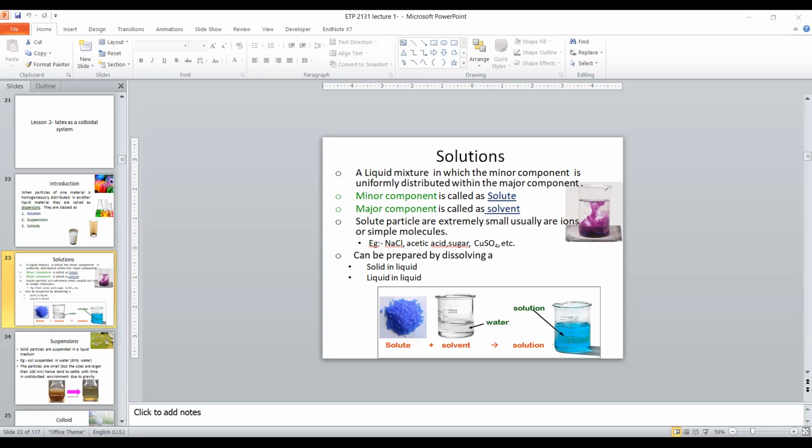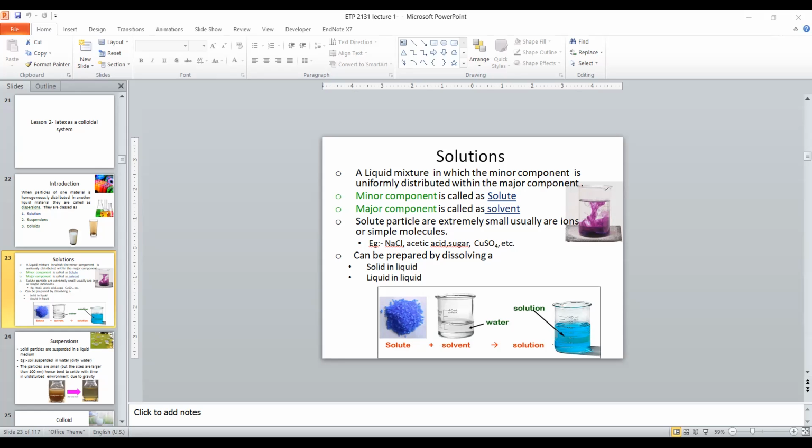Okay, so based upon the type of the minor component, there are different colloidal systems called sols, emulsions, foams, and aerosols. Four types of colloidal systems are there based upon the nature of the minor component.